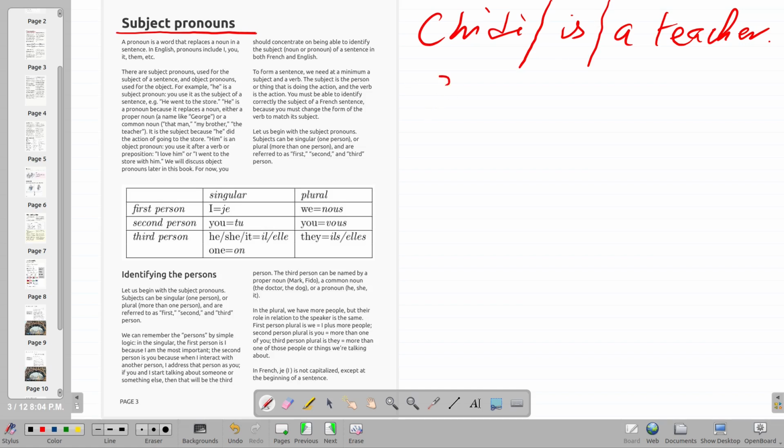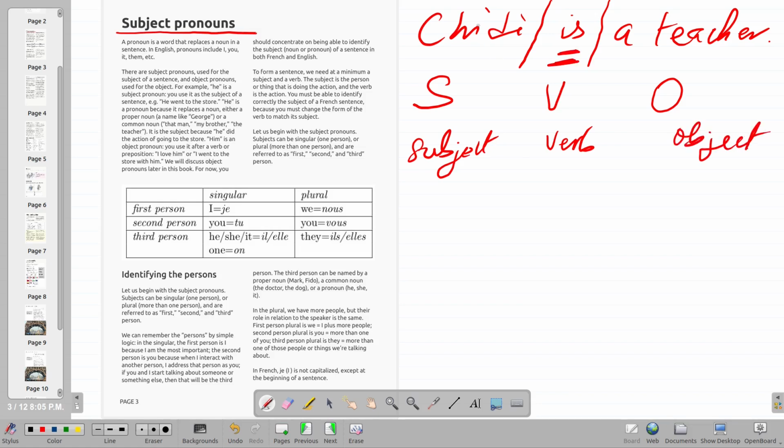A simple sentence, the structure is S-V-O. S means subject. V means verb. O means object. The subject is the doer of the action of the verb.